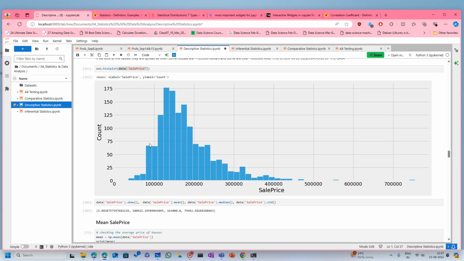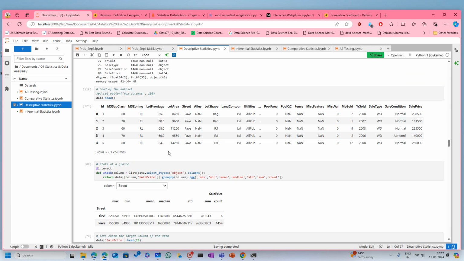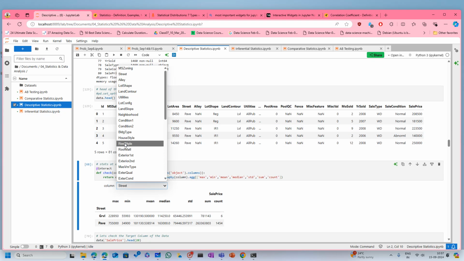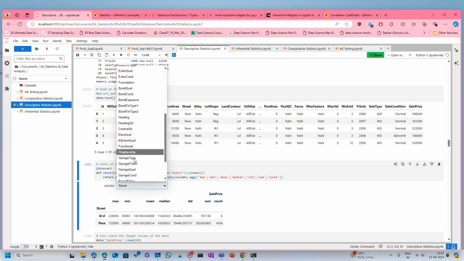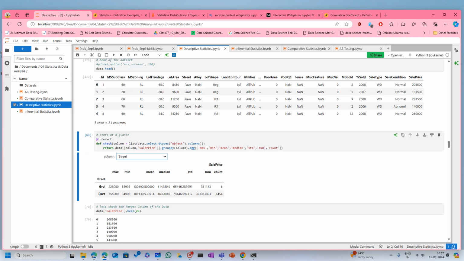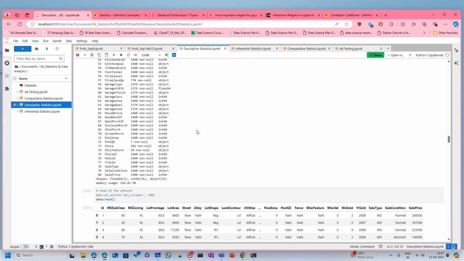For example, here in the same house sale example, they have not calculated the 25th percentile.